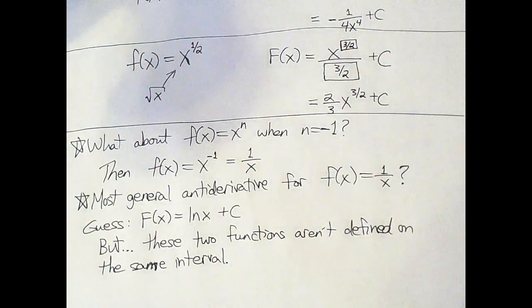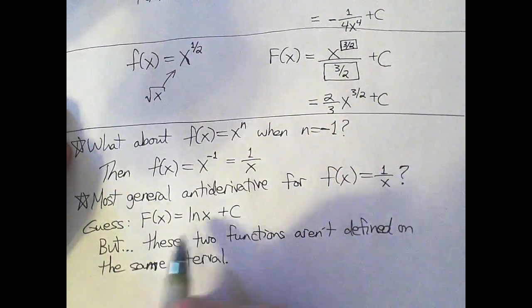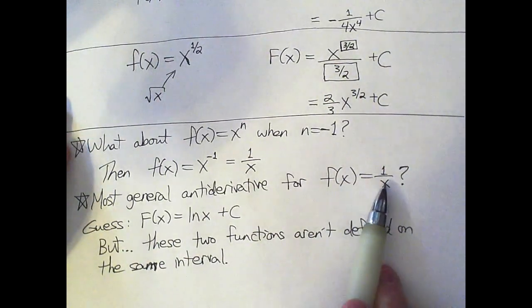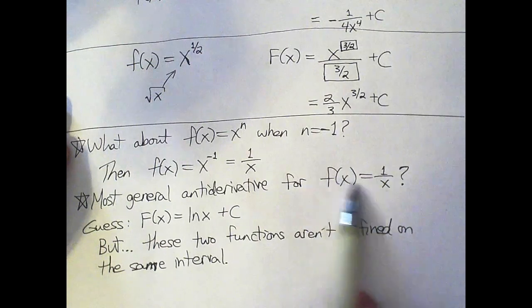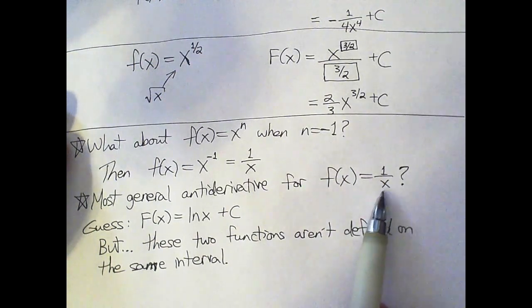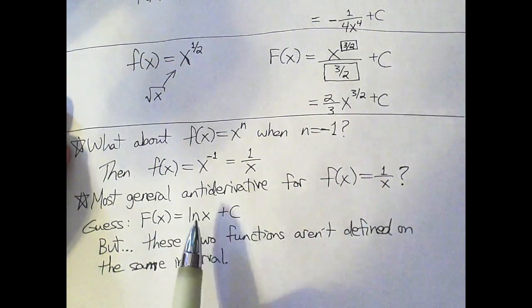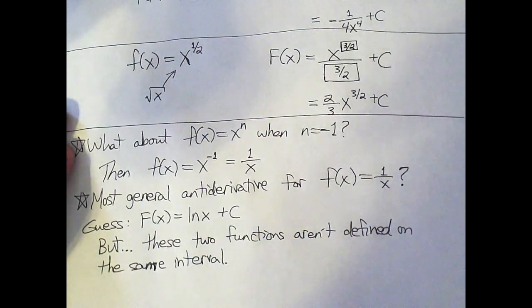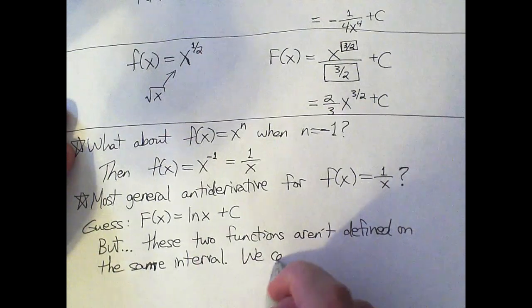Well, this is one case where it actually is a slight issue. We would like these to have the same domain. It would be better if we had a most general antiderivative that had the same domain as the original function, because 1 over x is a function that is allowed to have negative x values, but ln x is not. So we can do better.